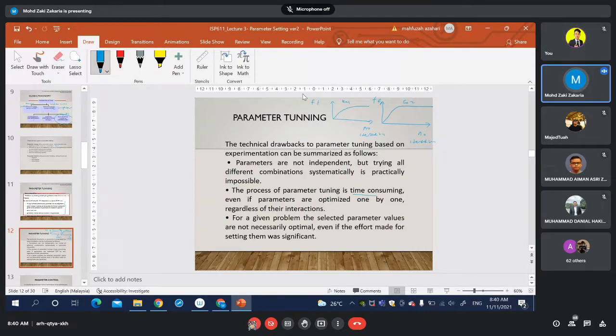Yes, the number of iteration is less compared to experiment number 1. In experiment number 1, maybe at 1000 iterations, at this point we have a convergent value. Convergent value means the value of the fitness function is fixed, no increase.